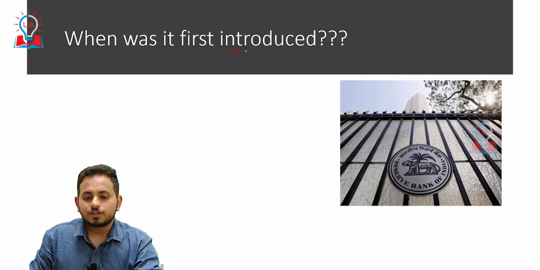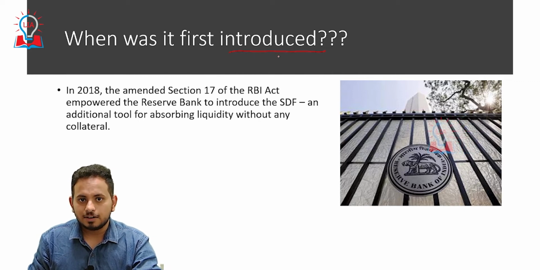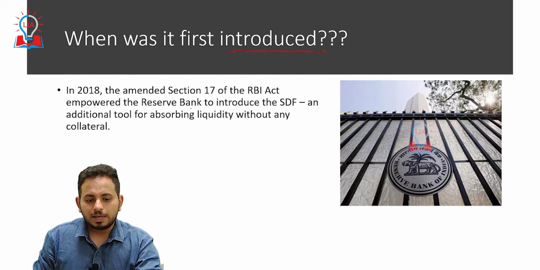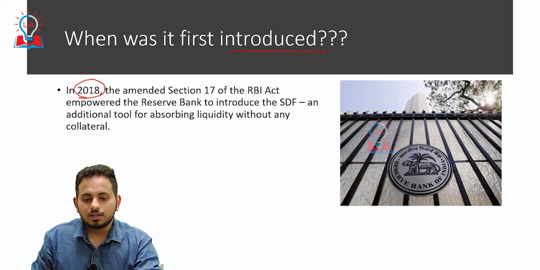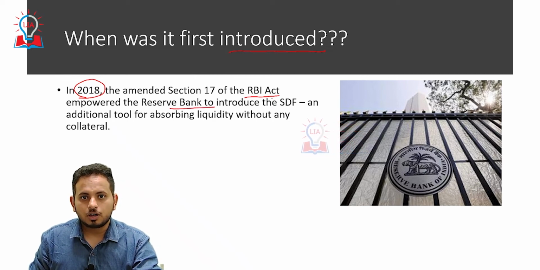So when was it first introduced? The first introduction of SDF, which is a monetary tool, took place in the year 2018 by amending the RBI Act. It empowered the Reserve Bank to introduce the Standard Deposit Facility.